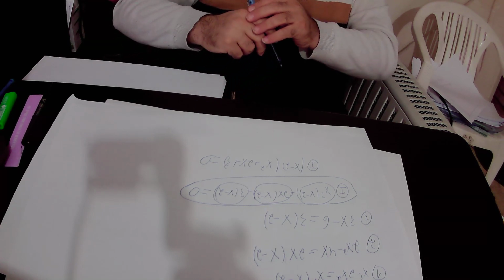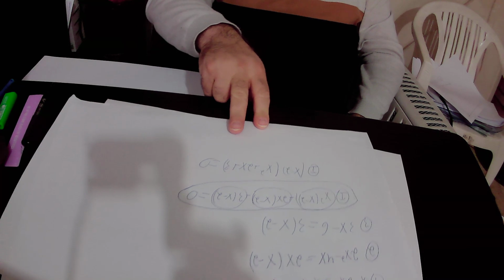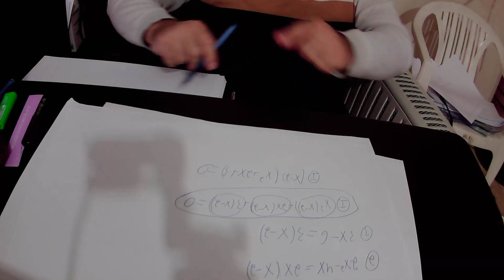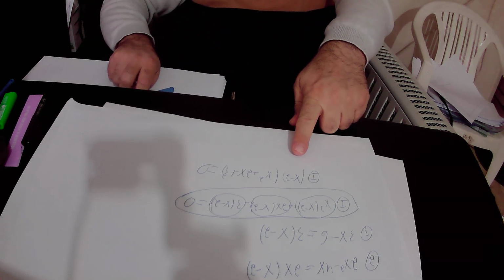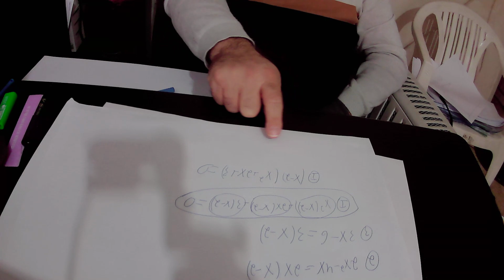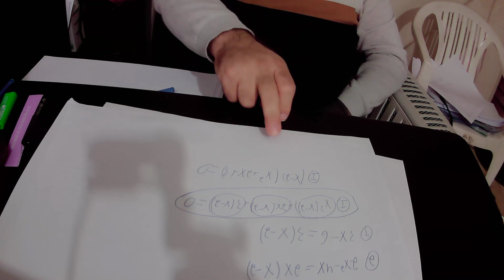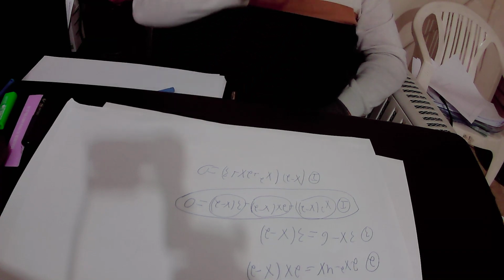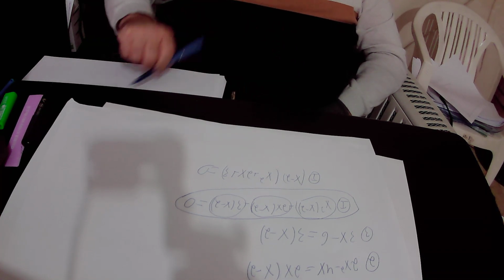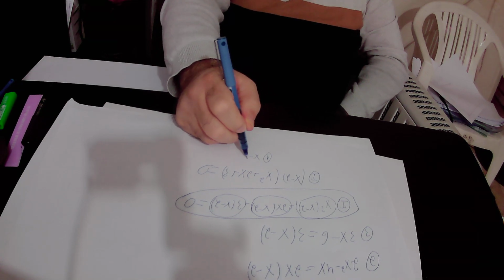So here we have two possible solutions to this equation number 1. Either x minus 2 equals 0. If x minus 2 equals 0, then 0 times anything equals 0, and we will get that 0 equals 0. And the first solution is that x minus 2 equals 0.